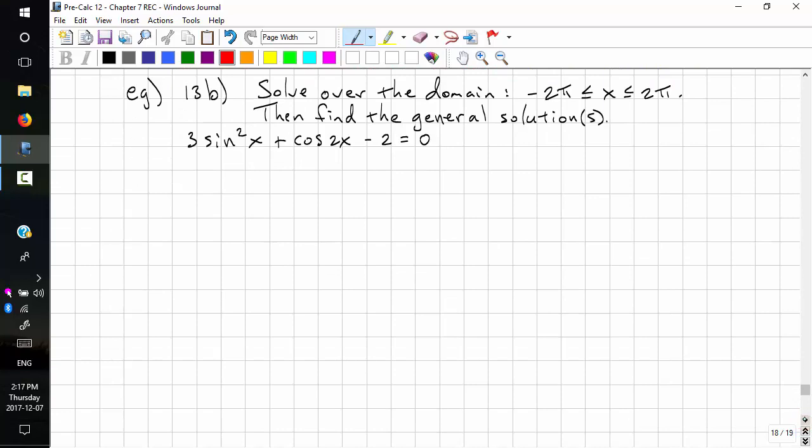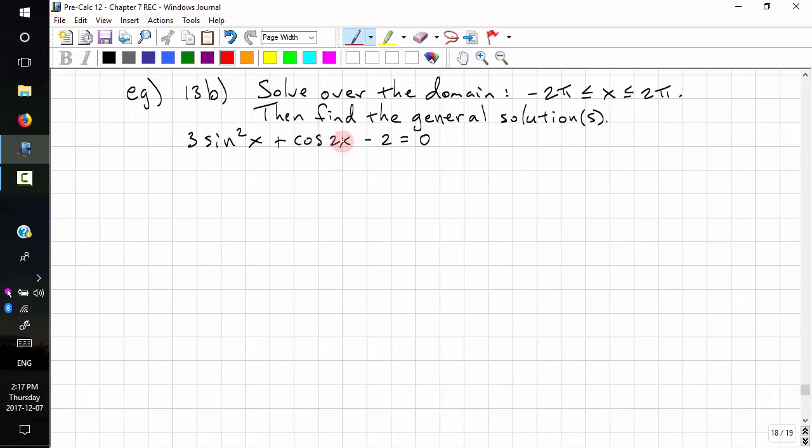Next problem. Solve over the domain negative 2 pi to 2 pi. We could use the identity for sine squared and get cosine squared, but we still have this as a problem. So it's best to use this identity first.